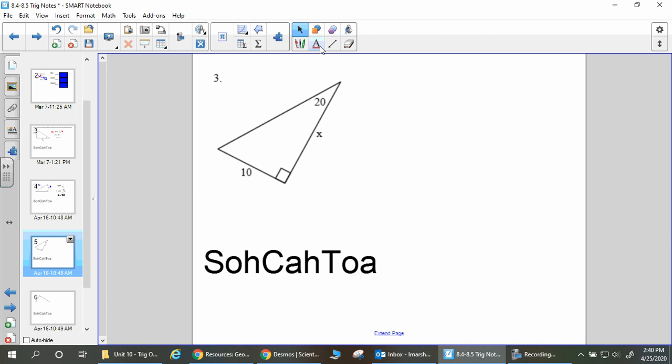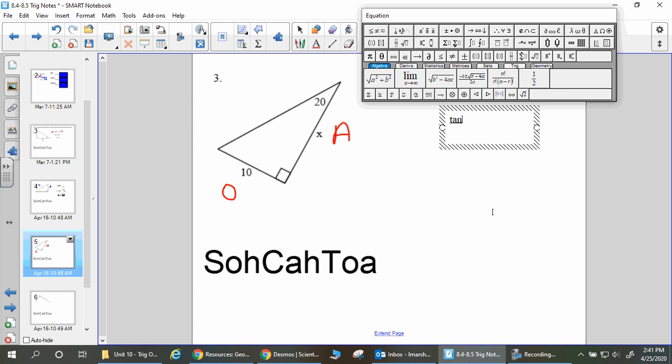So if I go through and I label things, here's my right angle, hypotenuse is empty. Here is my angle that I'm using, the 20. I go across, here's opposite. That makes this adjacent. So opposite and adjacent, once again, that means I'm using tangent.